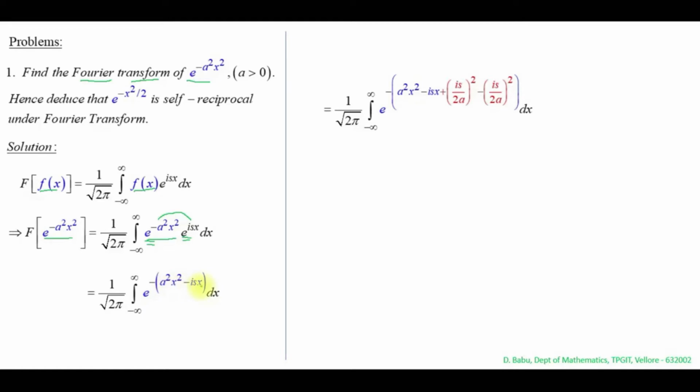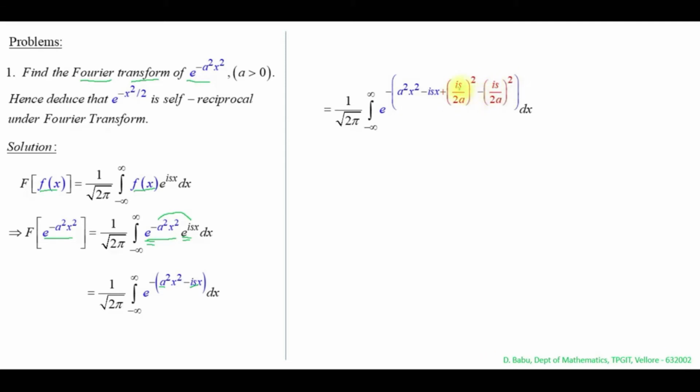Okay. So what is the coefficient of x square? Here, a square. Therefore, add and subtract. What is the half of is? Is divided by 2a. So is divided by 2a whole square minus is divided by 2a whole square.